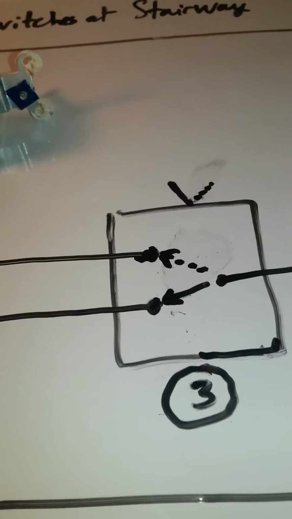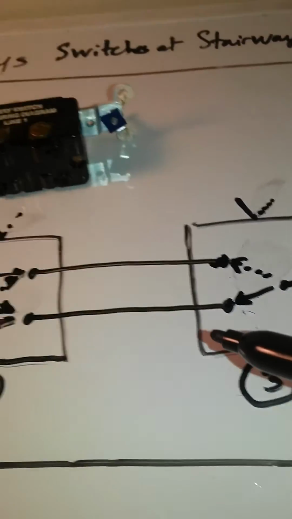Keep doing that. We go to switch number 3 and turn the toggle, and I draw the new position with the broken line here. And look at the circuit.